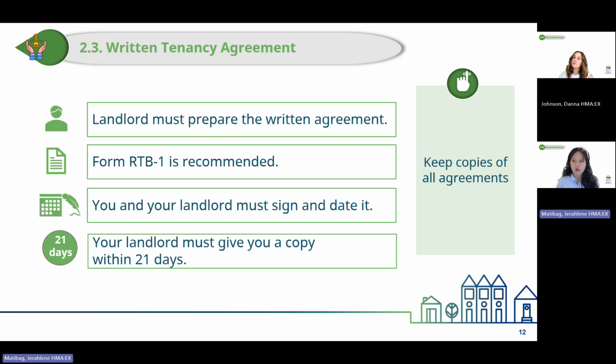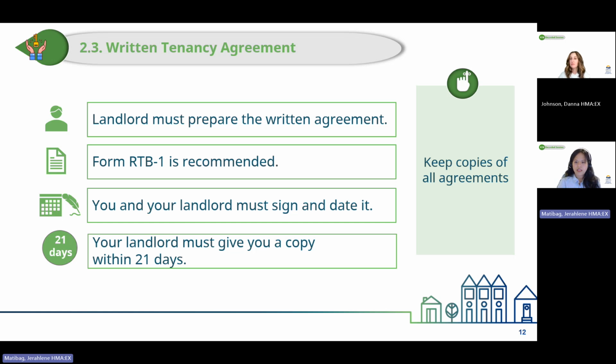It's designed to include all the required legal terms and it helps make sure that nothing important is missed. You can check them out on our website so you have an idea of what it should look like. Once the agreement is ready, it is important that both you and the landlord sign and date it because this confirms that both of you understand and agree to the terms.